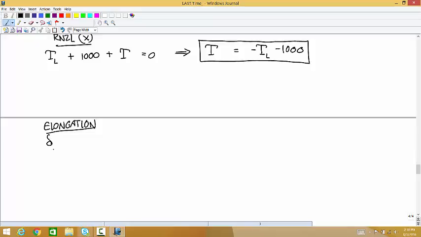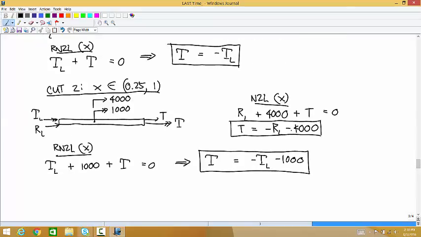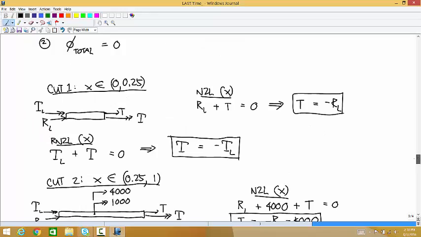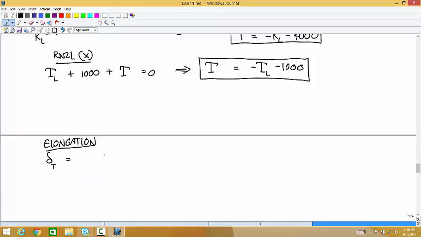The total elongation due to internal tension is equal to the elongation on that first piece, where T is equal to negative RL, times the length of 0.25, over the Young's modulus.